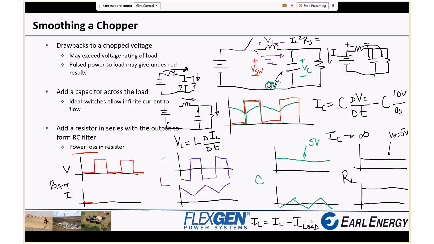When the switch is on, the battery is in series with the inductor, and components in series always have the same current, just like components in parallel always have the same voltage. So battery current equals inductor current when the switch is on. When the switch is off, it goes back to 0.